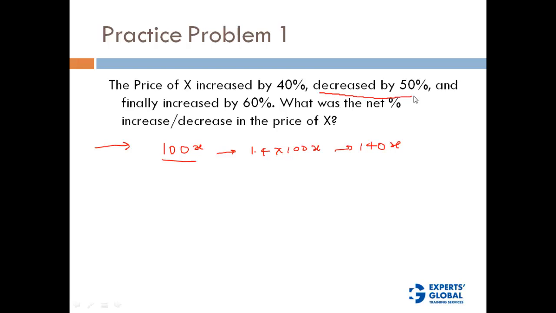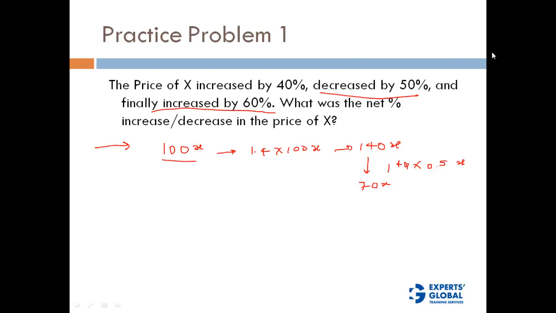After that we have a decrease of 50%. So that means it is now going to be 140 into 0.5, which is 70x. Finally increased by 60%.